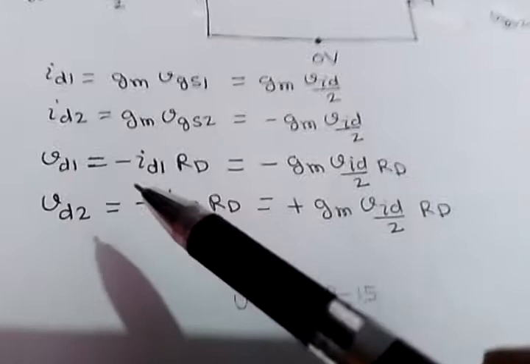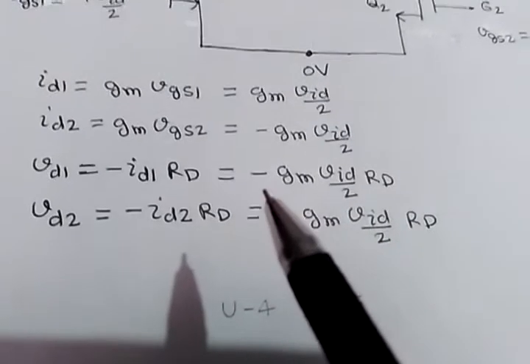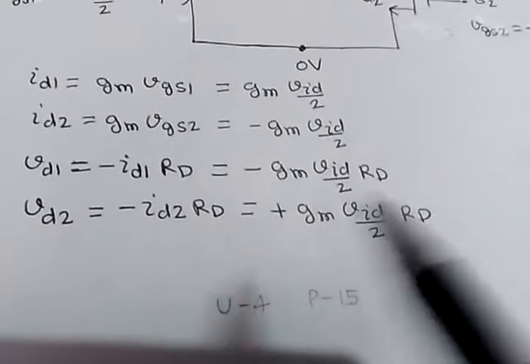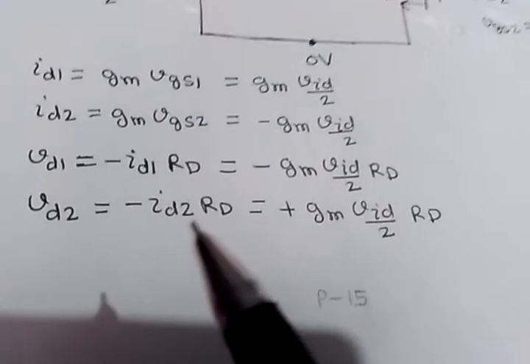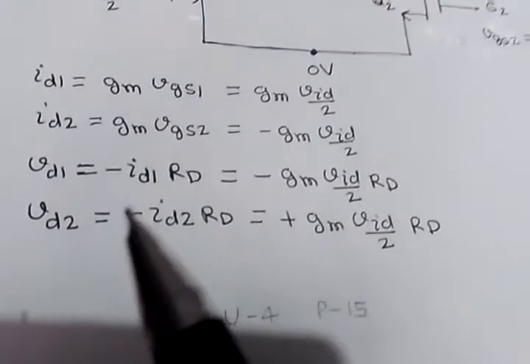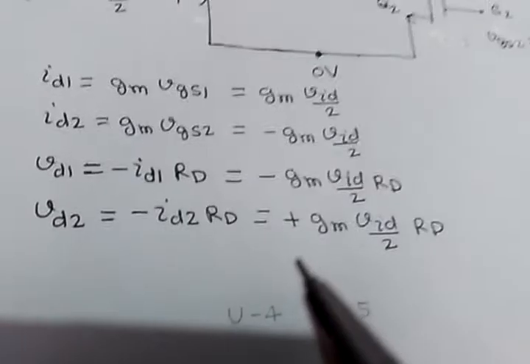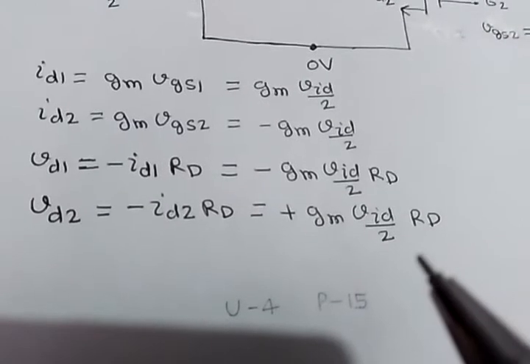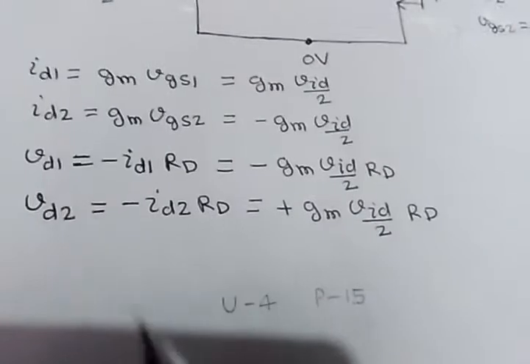So using these two relations, we can write VD1 equals minus ID1 RD. Put the value of ID1, it will be minus gm VID by 2 RD. VD2 equals minus ID2 RD. Put the value of ID2 as minus gm VID by 2, so it will be plus gm VID by 2 into RD. So this is the drain voltage of Q1 and Q2.